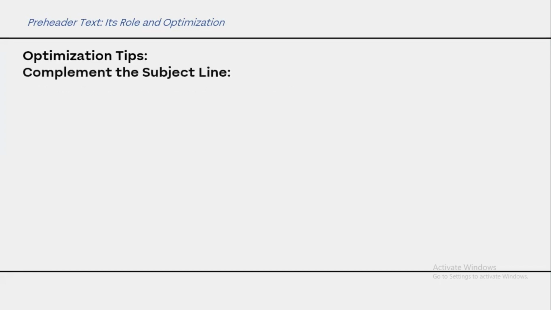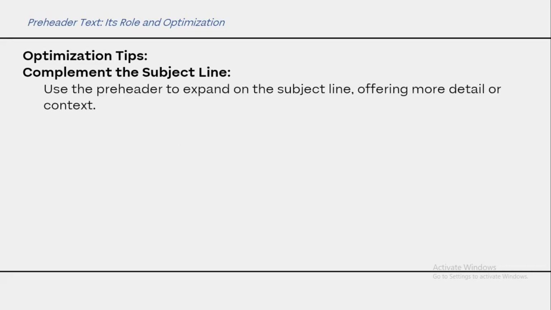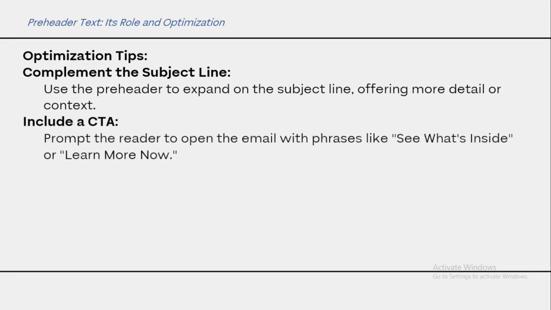To optimize your pre-header text, you have to complement the subject line. So it is recommended that you use the pre-header text to expand on the subject line, thereby offering more details or context, right? Include a call to action. Prompt the reader to open the mail with phrases like see what's inside or learn more, right? Then keep your pre-header text short and concise.